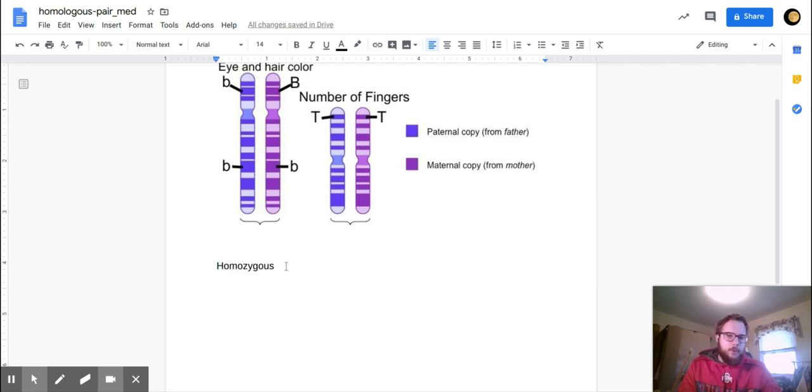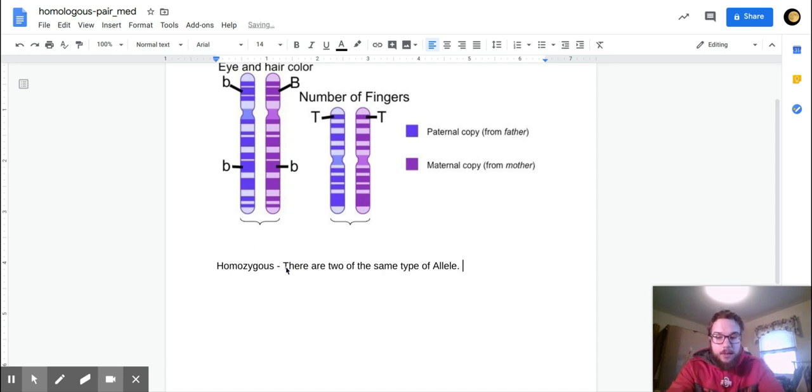So if we're describing genotypes, if you see the word homozygous, that means that there are 2 of the same type of allele, okay? So anytime you see homozygous, that means there's 2 of the same. They're the exact same, okay? I think prefix homo meaning same, alleles, you've got 2 of the same alleles.